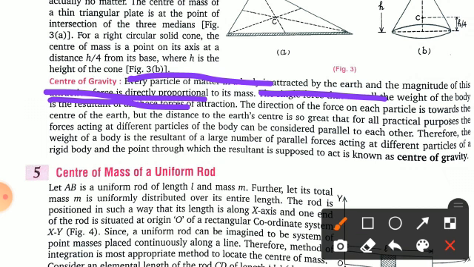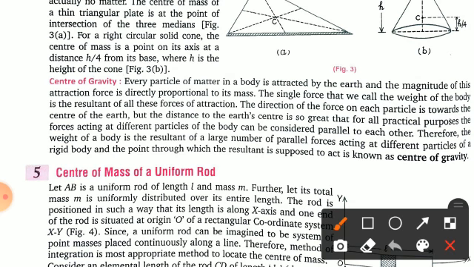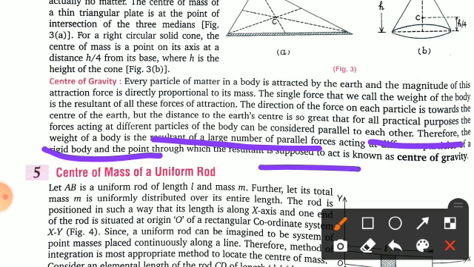The direction of the force on each particle is towards the center of the earth, but the distance to the earth's center is so great that for all practical purposes the forces acting on different particles of the body can be considered parallel to each other. Therefore, the weight of the body is the resultant of a large number of parallel forces acting on different particles of a rigid body, and the point through which the resultant is supposed to act is known as the center of gravity. So this is the definition of center of gravity. I hope you know it very well.